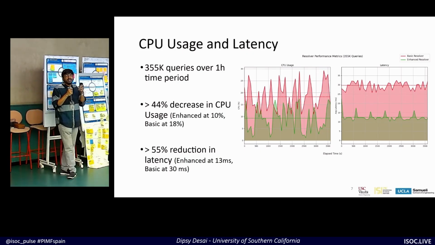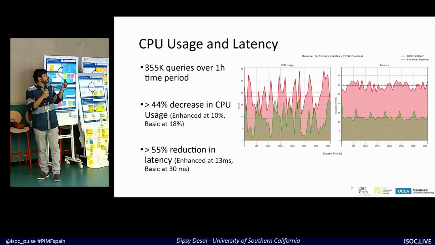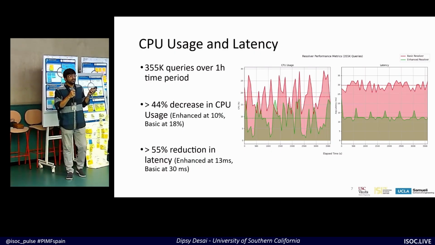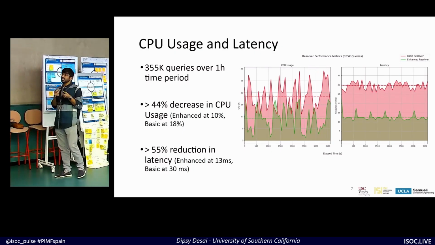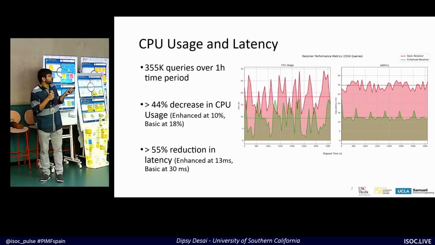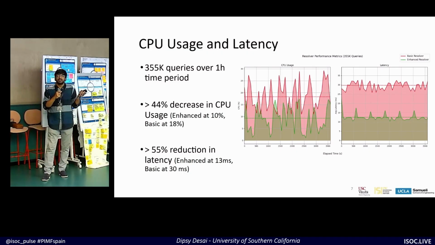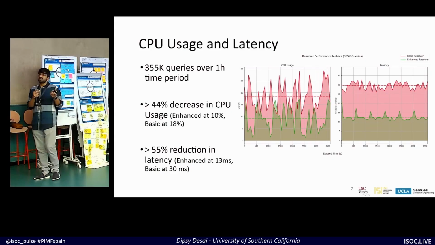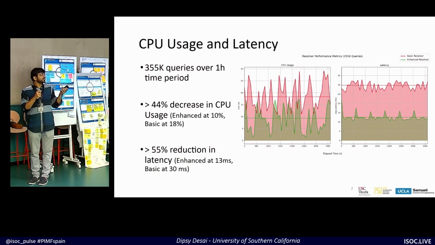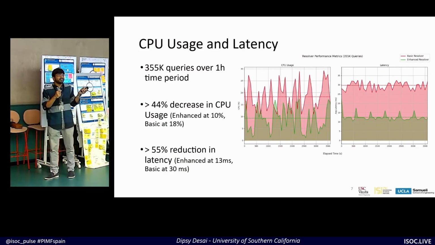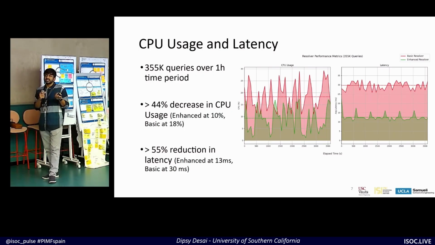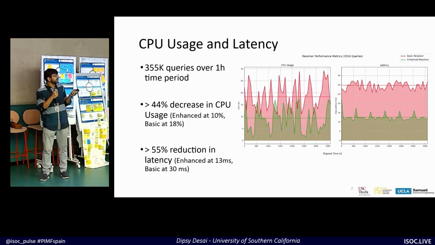During the 1 hour time period that we emulated both the resolvers with real-world queries, we fed them about 355,000 queries and found that the enhanced resolver operated at about 10% CPU utilization in comparison with the baseline resolver, which was at about 18%. This is a 44% decrease in CPU usage. Similarly, for latency, it was about 13 milliseconds in the enhanced resolver case, while 30 milliseconds in the baseline resolver case. That is about a 55% reduction in latency.